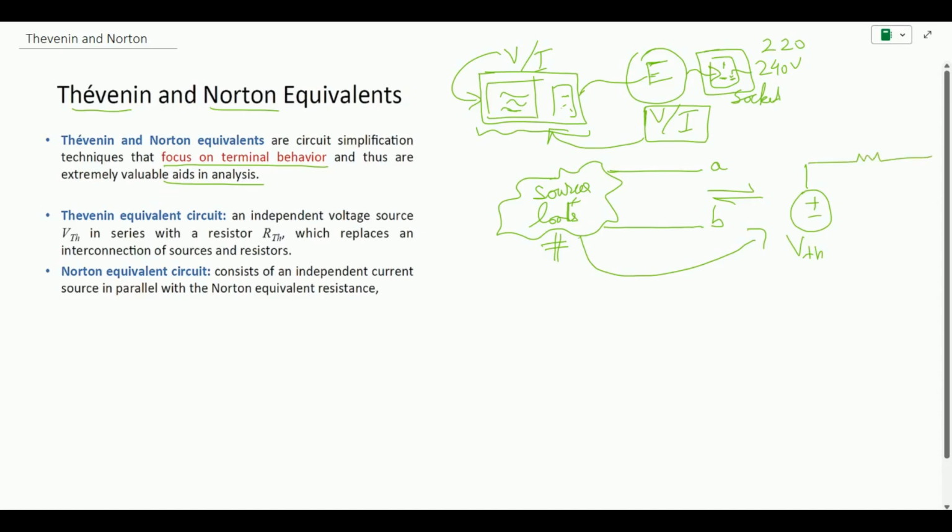And with a single resistor, we call this R Thevenin, and then we have the terminal behavior connected with any two electrical wires, A and B. So all the sources and loads are now represented by two variables under the Thevenin equivalent, V Thevenin and R Thevenin. The behavior of all the voltages and resistances is represented by these two values, and this is what the Thevenin equivalent is.